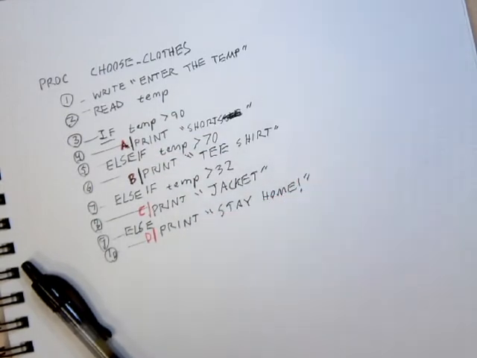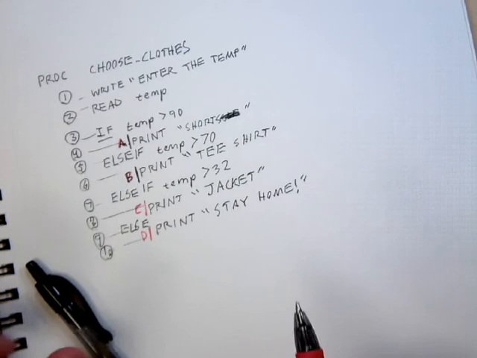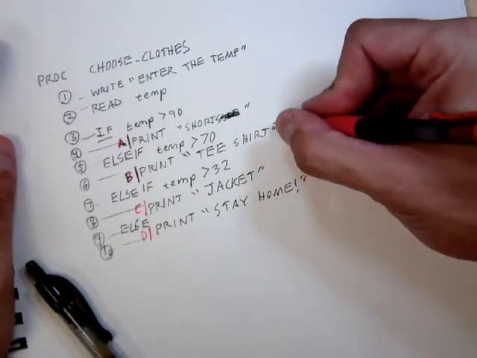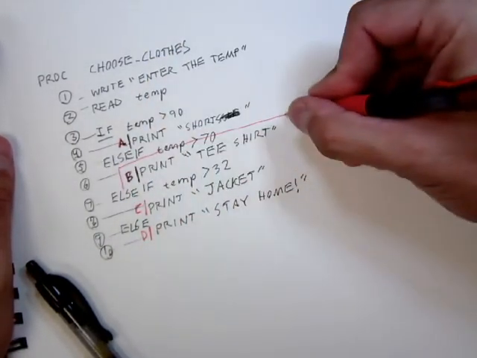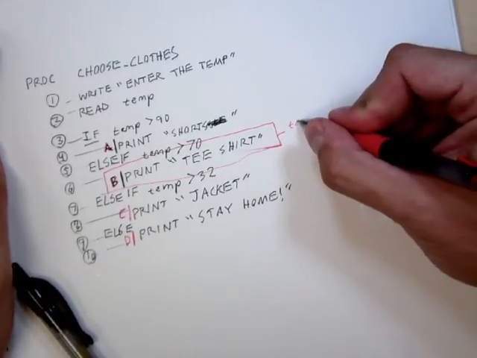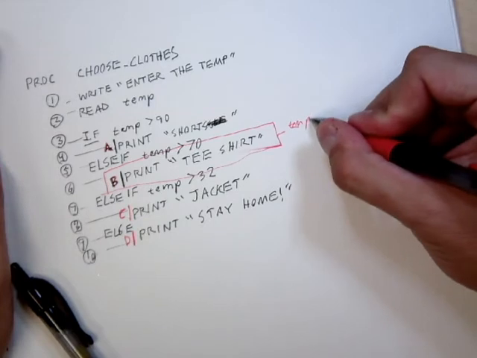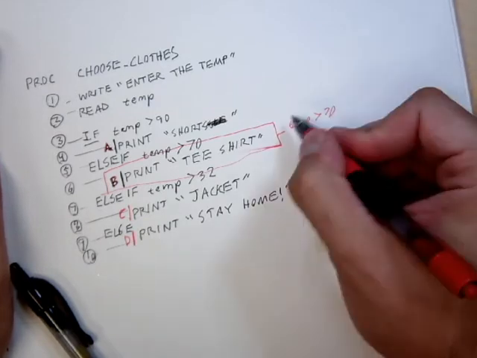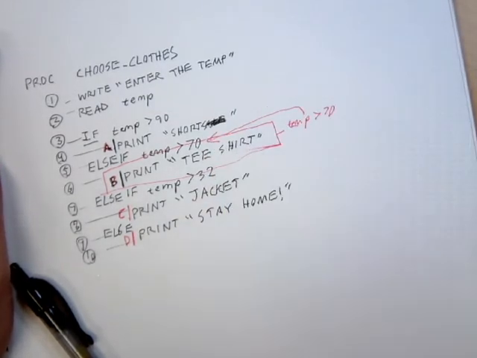And what I was trying to say is that at this point in time, when you're in option B, I know that temp must be greater than 70 because of this condition, but I actually know more about the temperature.